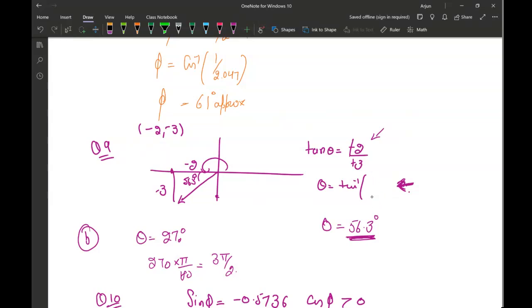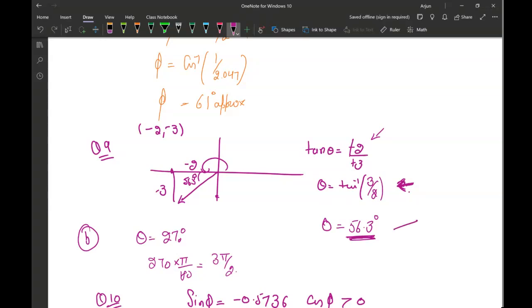My apologies. It's a good thing I checked this number. This should be 3 divided by 2. Second function, tangent inverse, 3 divided by 2, 56.